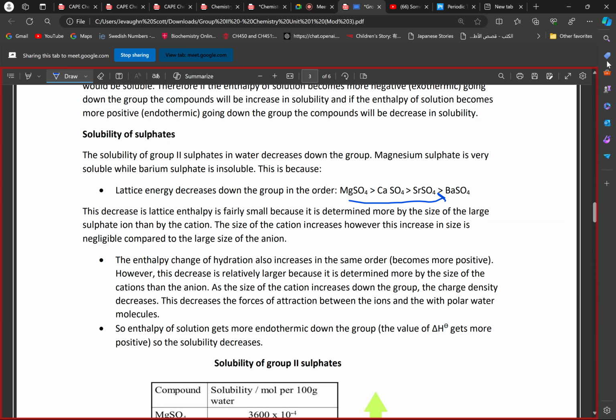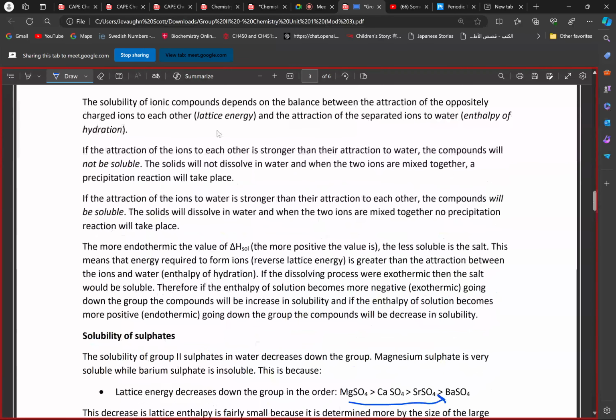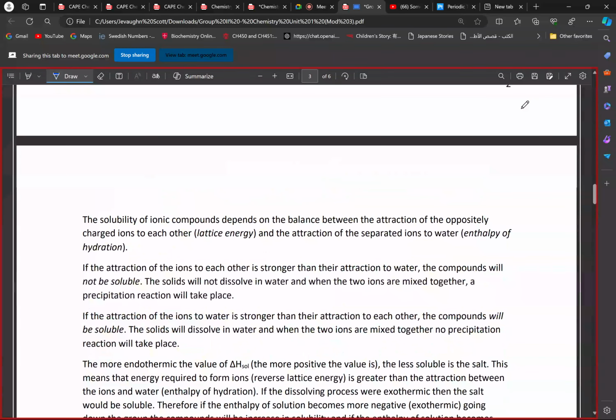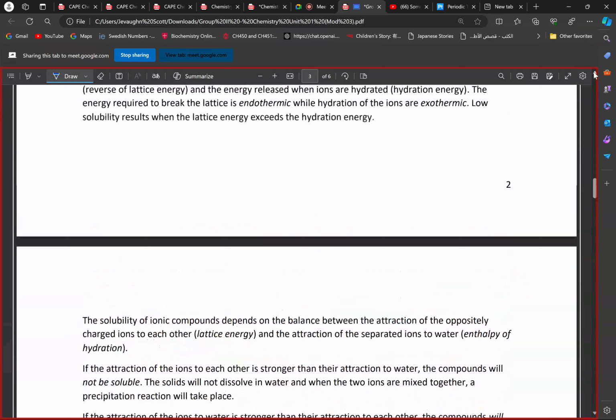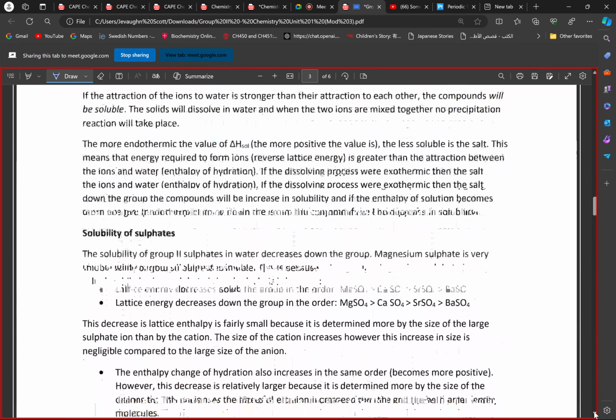So as we stated here, if the lattice energy exceeds the hydration energy, then the substance is more insoluble. But if the hydration energy exceeds the lattice energy, then the substance is soluble.